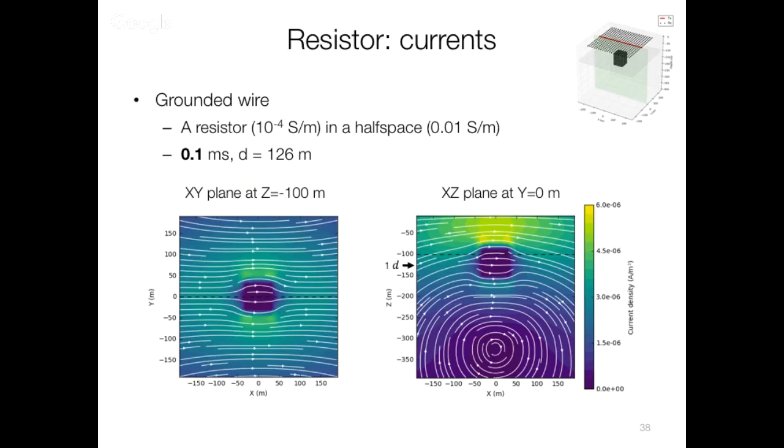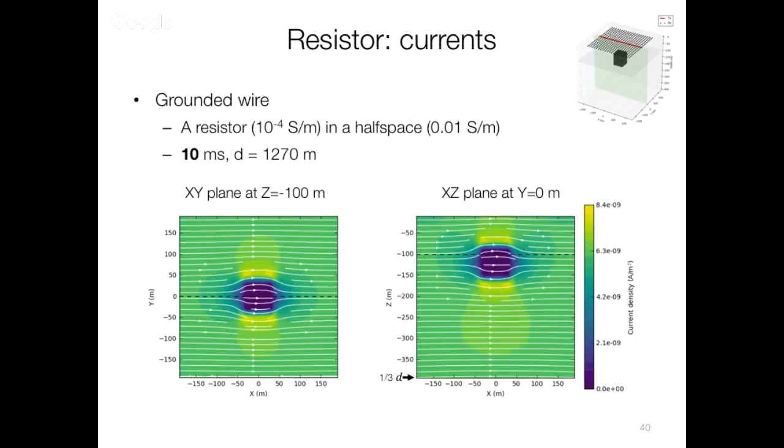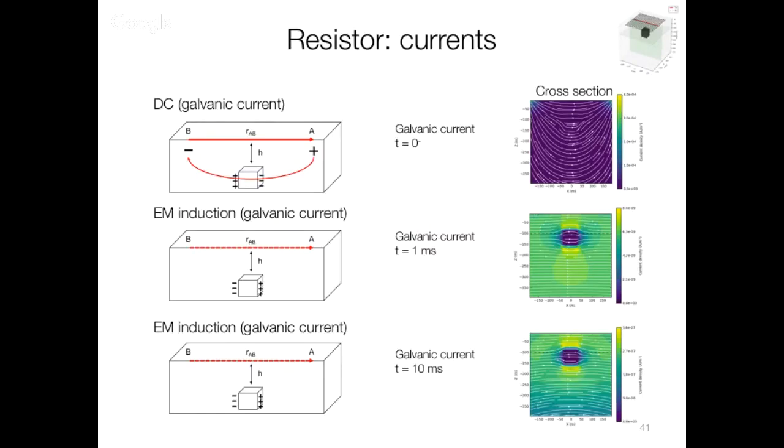Here's the current; it's just horizontal galvanic. Each time we do this we're going to get charges, but that's where the currents are. So in this case, we've got a resistor, no vortex currents, everything just flips down. We just have galvanic currents.